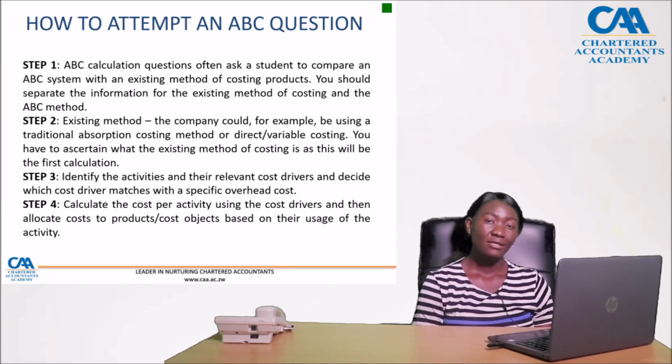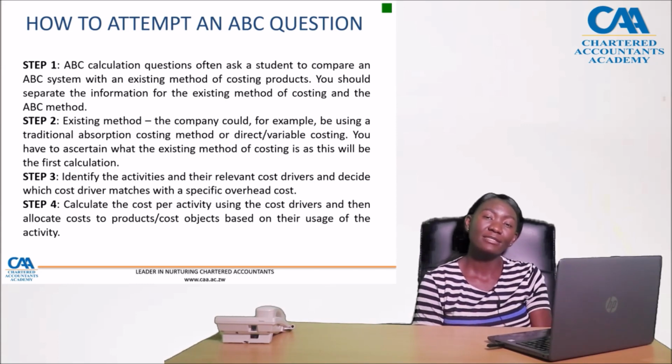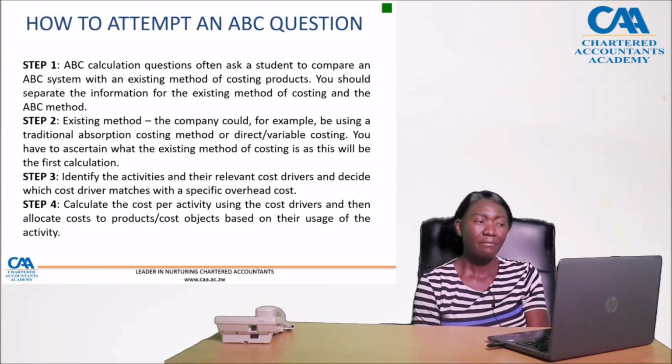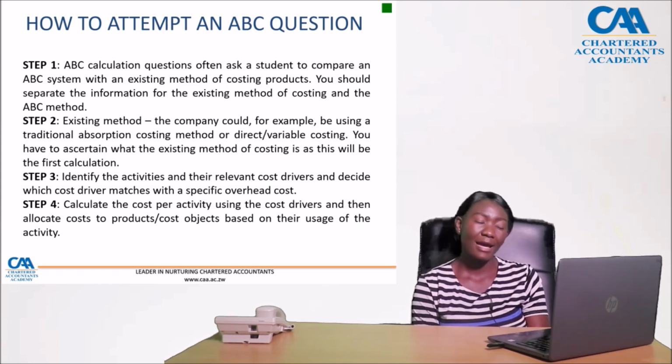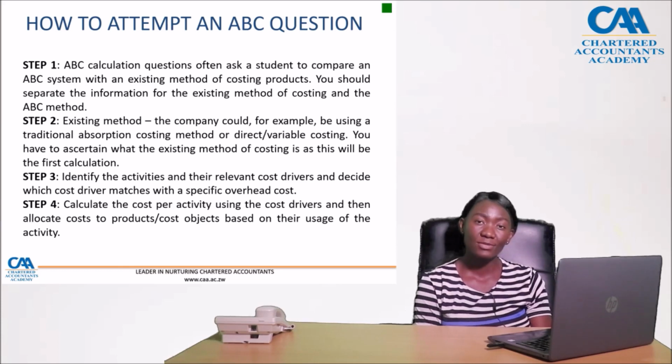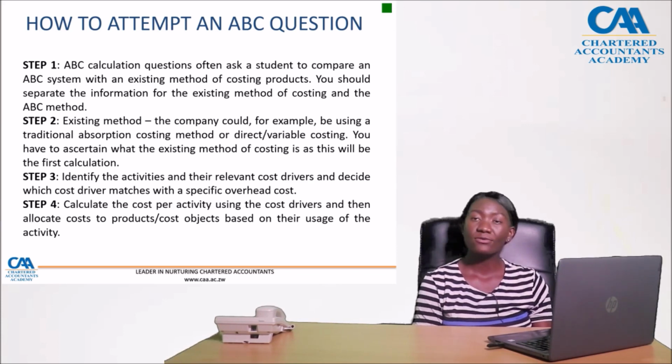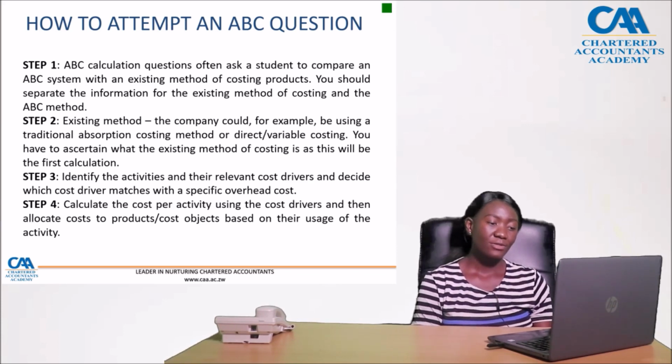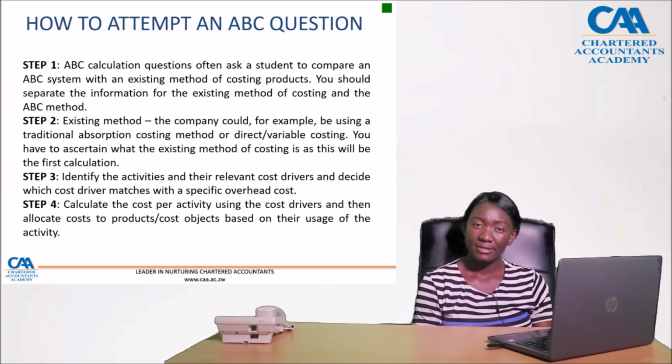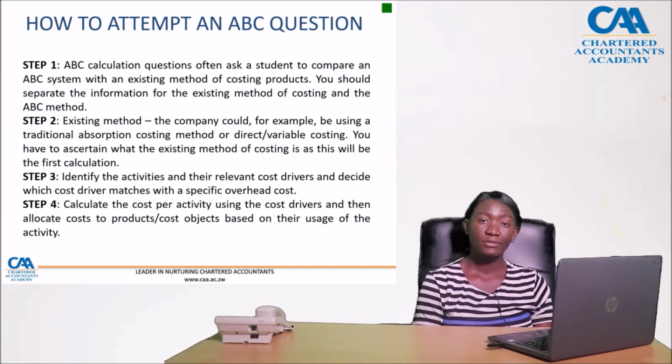Under your absorption, I normally use my overhead absorption rate. But now under activity-based, I allocate my fixed overheads using the cost driver. Activity plus cost driver to establish the cost per activity using the cost driver, which I allocate to the product or to the what? Cost objects based on their usage of the activity.